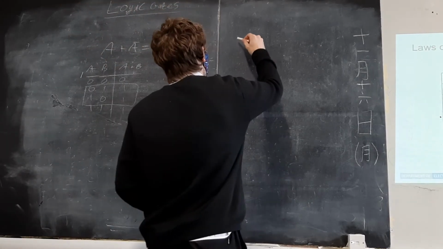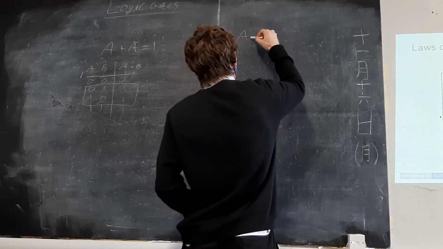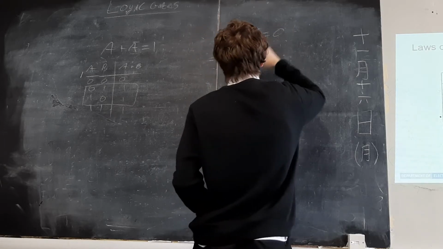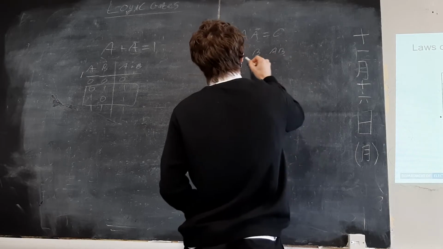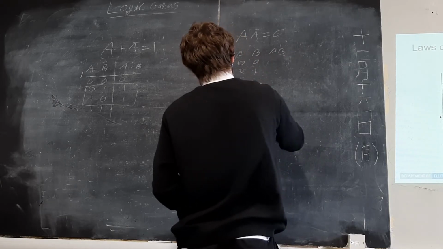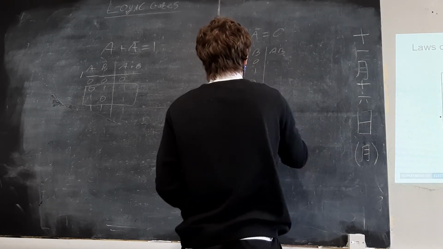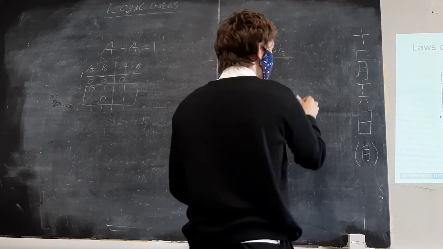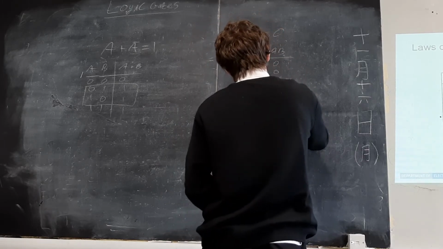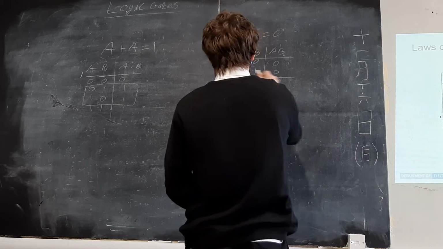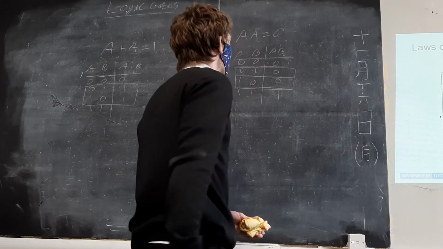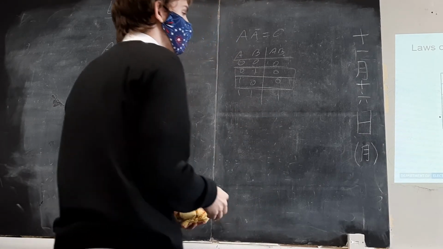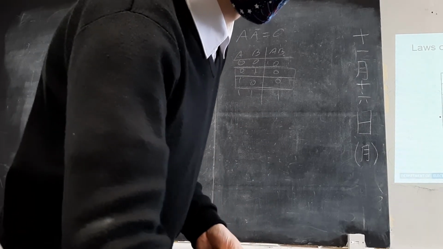And then you have A and not A, which is always equal to 0. So if we have A, B, A and B: 0, 0, 0, 1, 1, 0, 1, 1. We have 0, 0, 0, 1. For both of these values, they are equal to 0, therefore A and not A is always equal to 0.